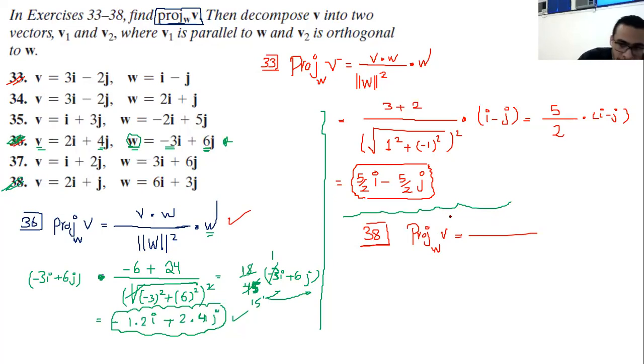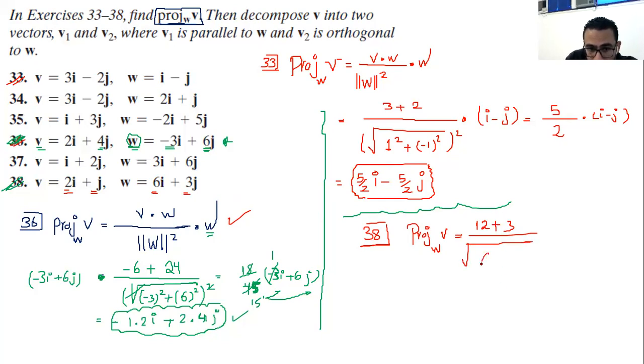Okay, we have multiply 2 by 6, 12, and 1 times 3, so 3 plus 3, over the square root of. Okay guys, raise your hand if you would like to participate.